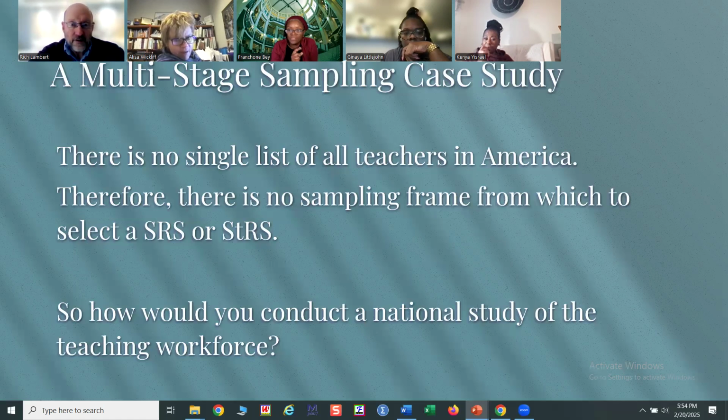Because I know that CMS has a database of teachers, has their salaries and has all that. So I don't know if other states do, but maybe. Well, okay, so you're right, Franchon, that there are lists that exist. There just isn't one list that exists for all the country. So you're right. I could go about the task of trying to find as many lists as I could and combine the lists together. But that's impractical.